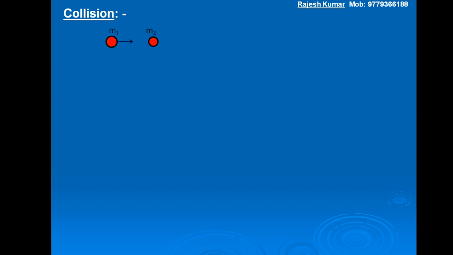Suppose m1 is moving with velocity u1 and mass m2 is moving with velocity u2 before collision. Suppose u1 is greater than u2, that is, mass m1 is moving faster than mass m2 in the same direction.